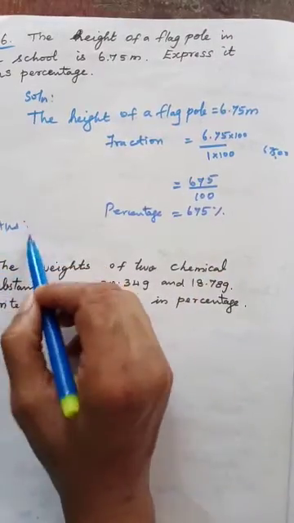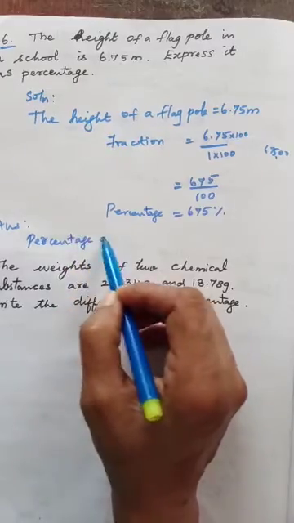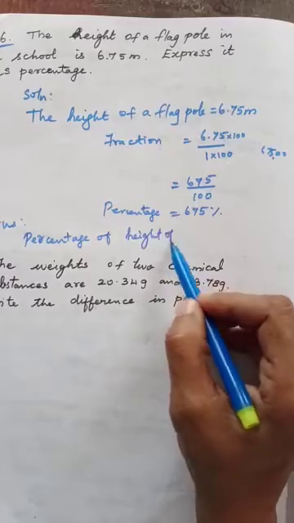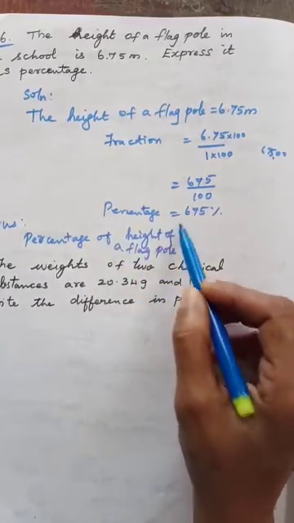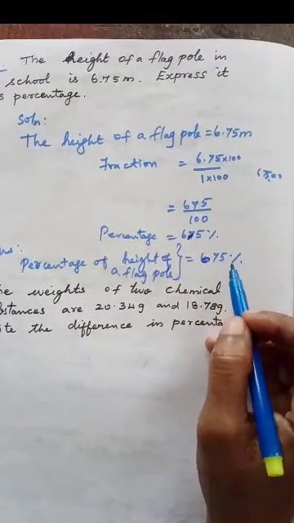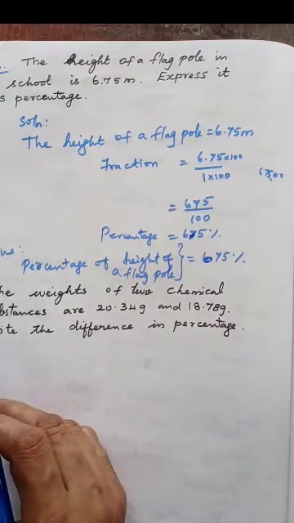Answer. Percentage of height of a flagpole is equal to 675 percentage.